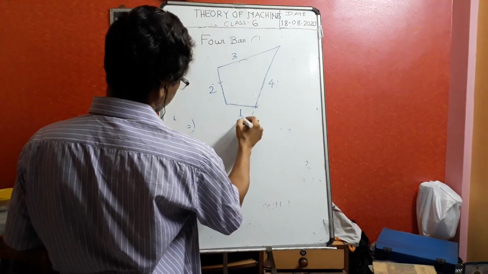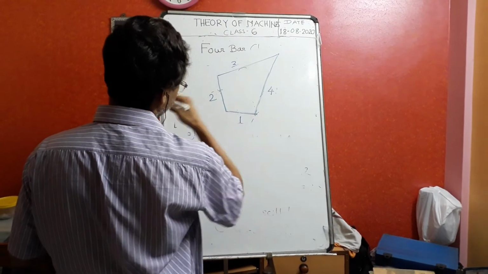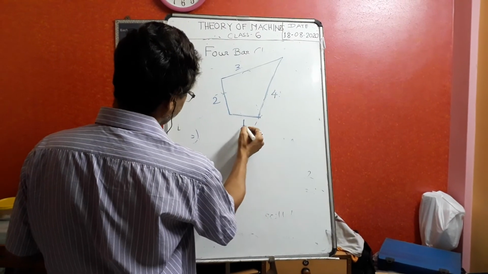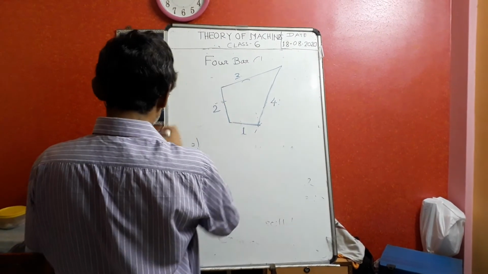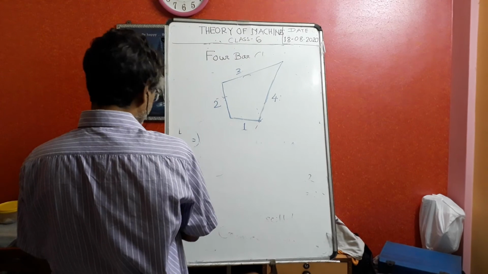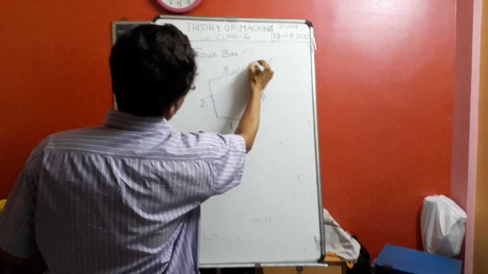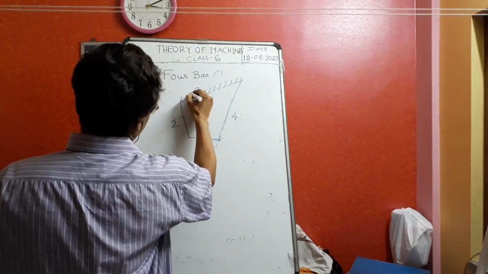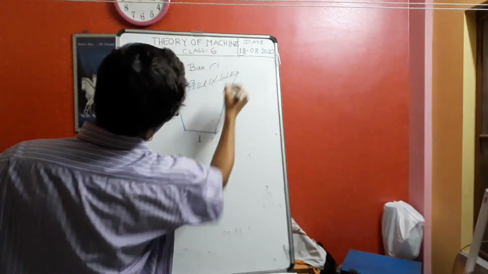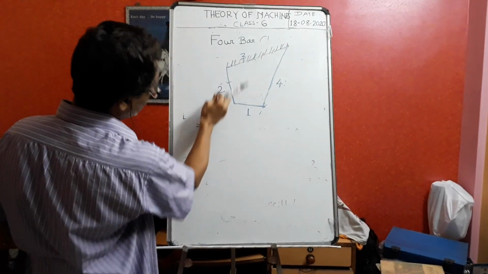This is the smallest, this is the largest, and these are the other two. Now I am fixing this link. Which link? I am fixing the link opposite to the smallest link.